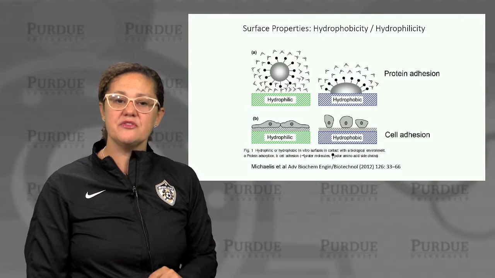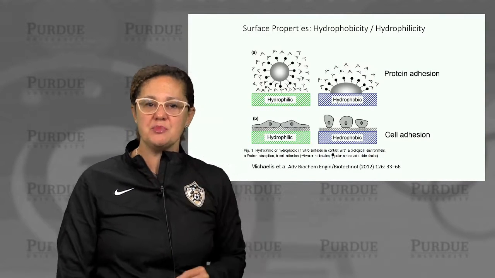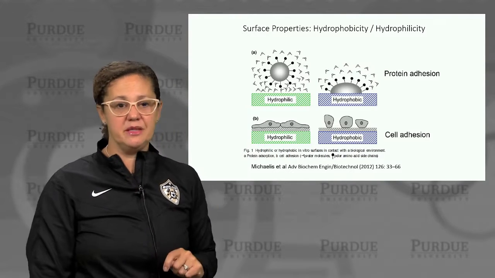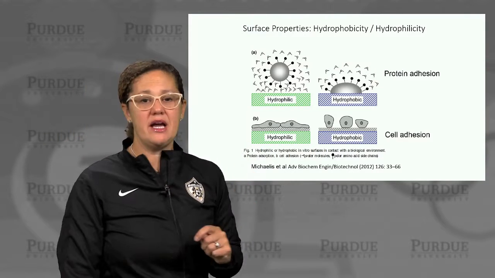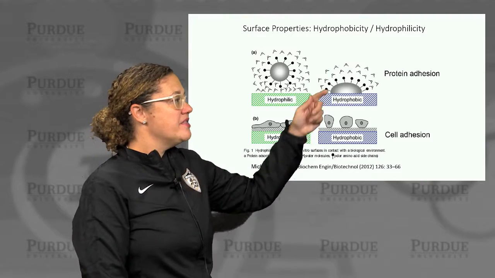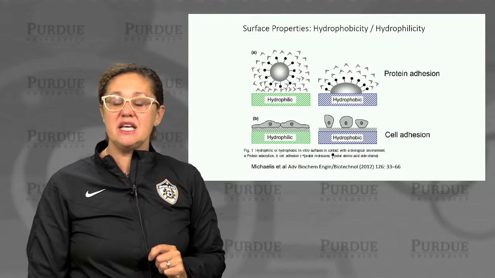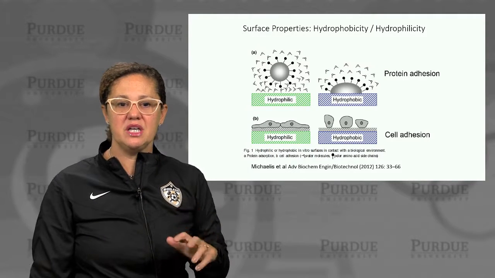So now this gives us a framework to dig in a little bit more deeply, and we can think about how surface properties affect cell attachment. Well, one of the most basic surface properties is the hydrophobicity or hydrophilicity of the surface. And this will directly affect protein adhesion, including those proteins that cells use to adhere.